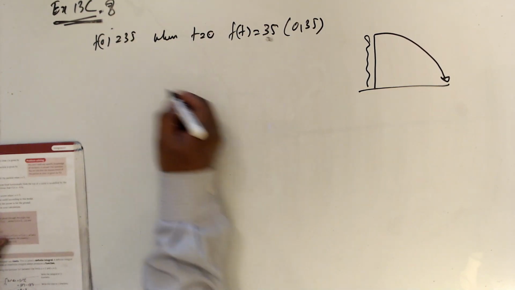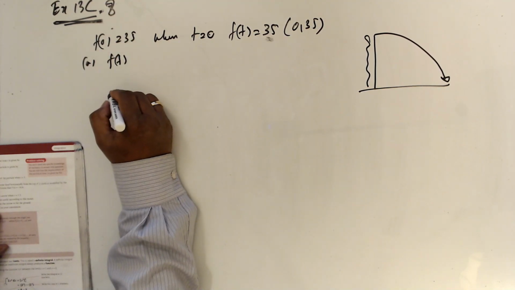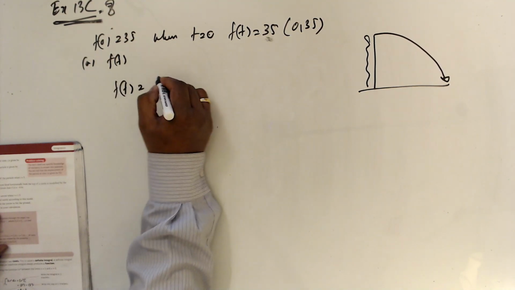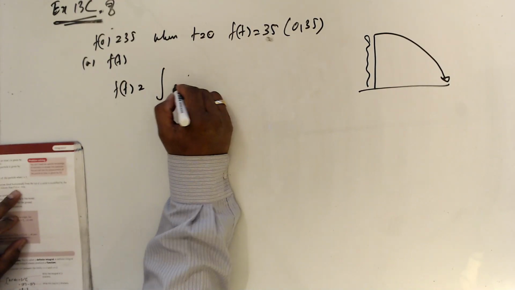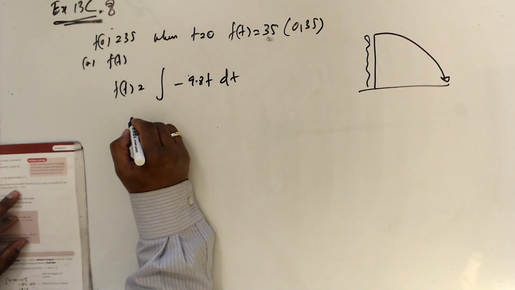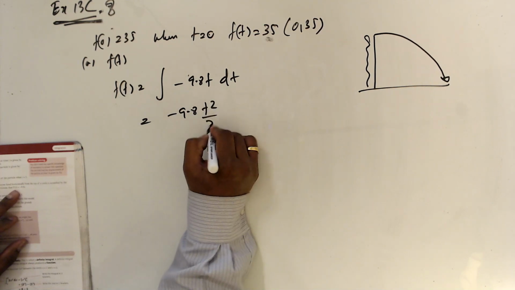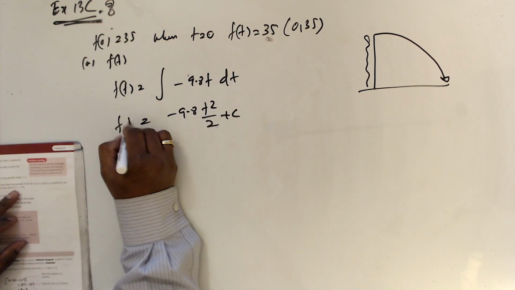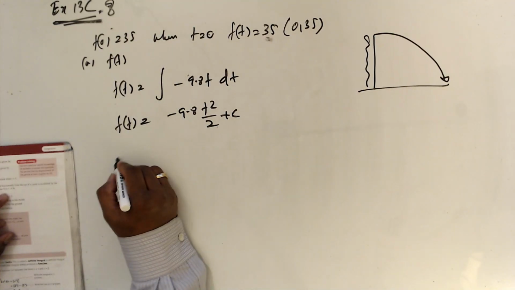Now we want to find question number A. Find f(t). If you know f'(t), we can integrate. That is minus 9.8t dt. So this is minus 9.8 t square over 2 plus c. So we have f(t). Now we'll substitute.